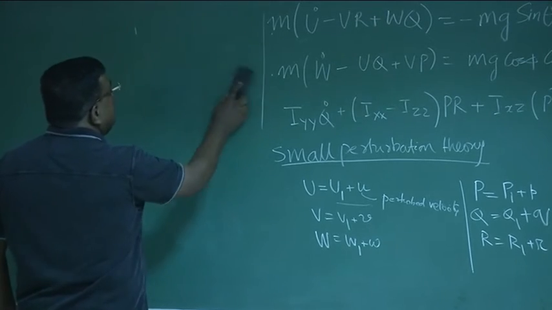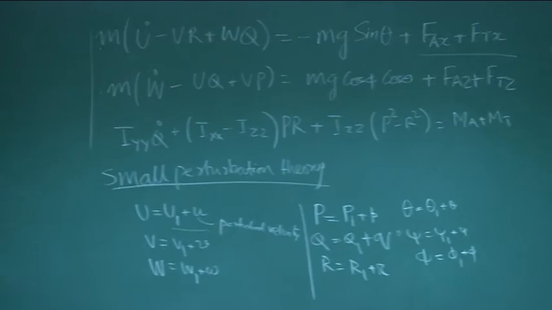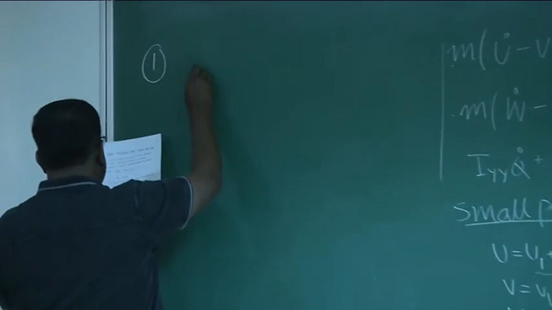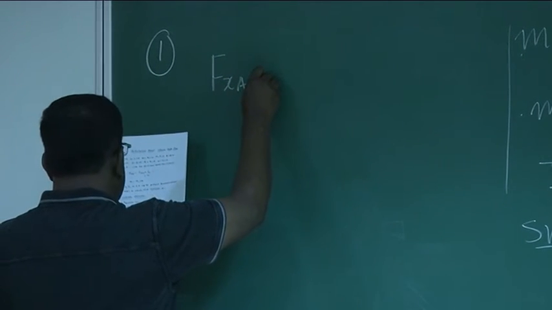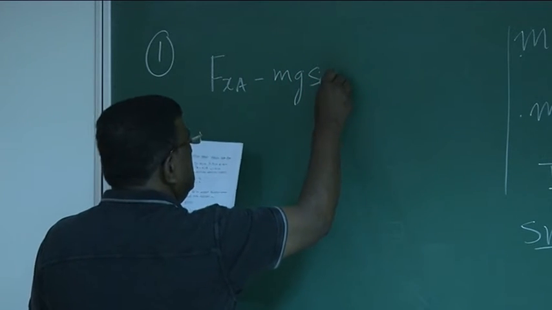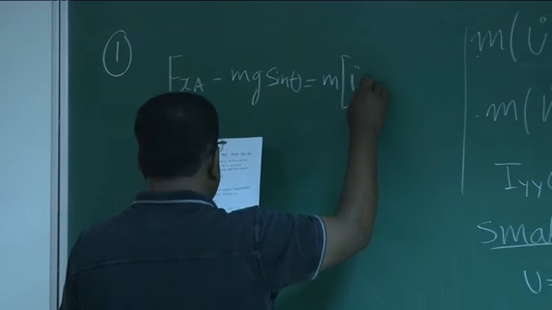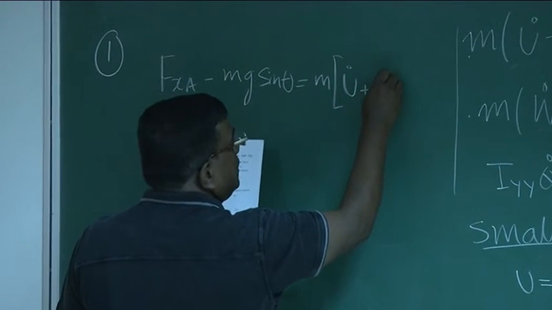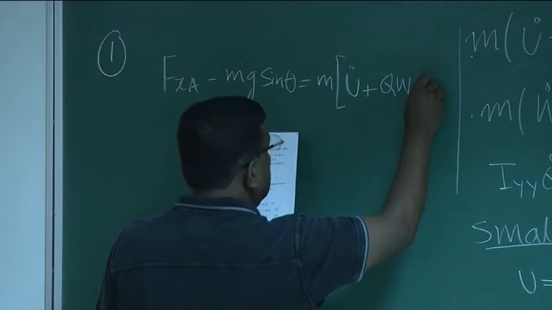So we'll take this case now here. We'll do a little bit of adjustment. We'll write the first equation as FxA minus mg sine theta equal to m times u dot plus q w minus r v.